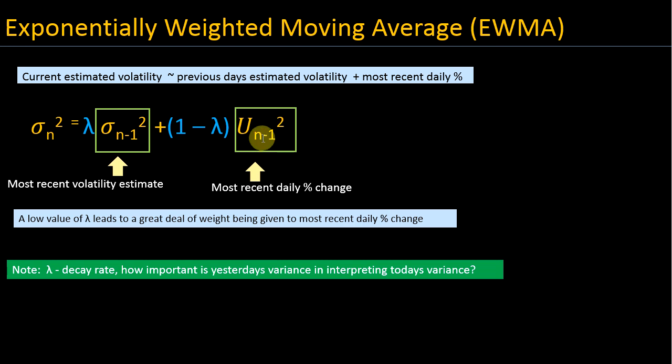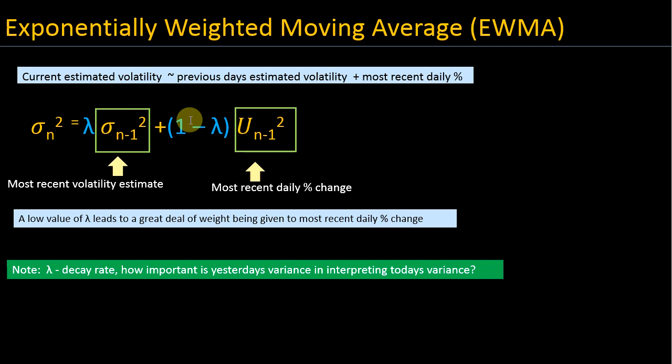But if you think your daily price changes only have a very short-term impact, then you can make your lambda have a higher value, let's say for example 90% or 99%. That means you're only giving 1% weighting to your most recent price changes.